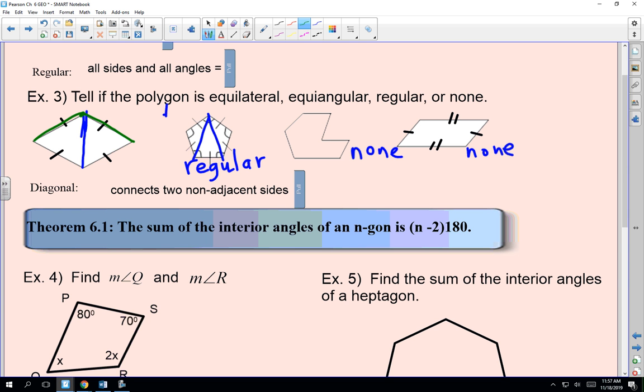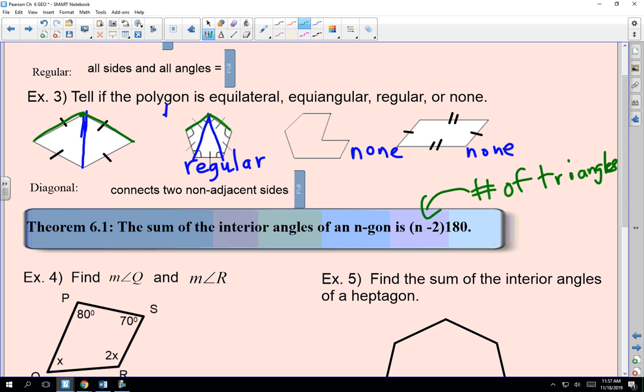So I cannot connect the adjacent sides and create a diagonal or another triangle. So that's where the n minus 2 comes from. It's the 2 little green segments here. So we've got 180 times n minus 2. N minus 2 represents the number of triangles you can split the shape into. That's where that little formula comes from.